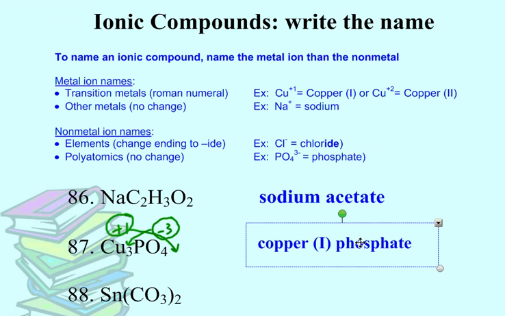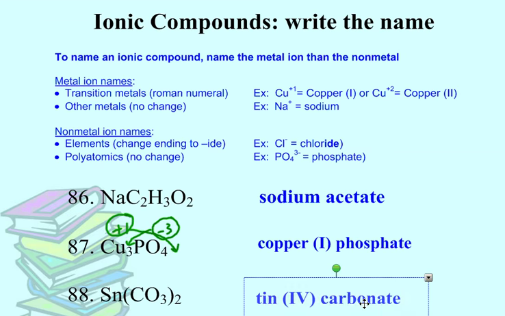For number 88, SnCO3 2. Well, tin is another one of these transition metals that has two different oxidation numbers. So the way that I know that this is tin 4 is because if I look on the back of my periodic table and find carbonate, carbonate has an oxidation number of -2.